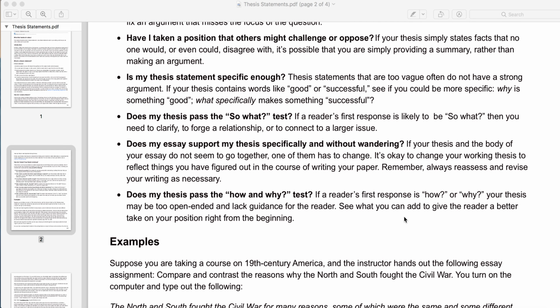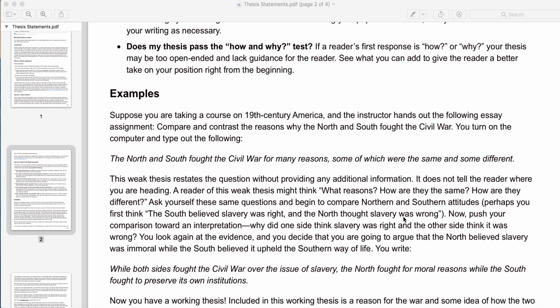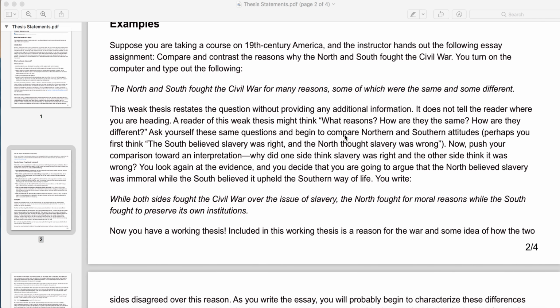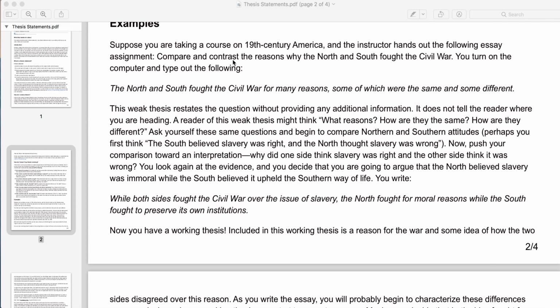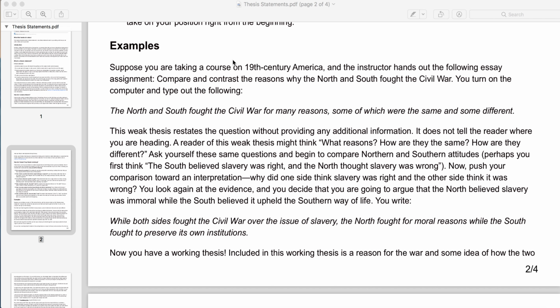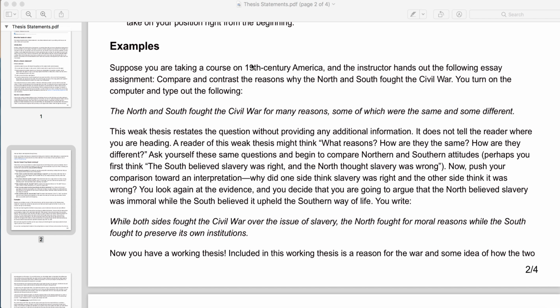So in order to see how this works, let's take an example. Let's say you're taking a 19th century America course, and the instructor hands out the following essay assignment: compare and contrast the reasons why the North and South fought the Civil War.